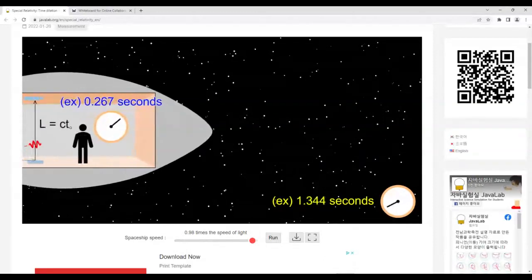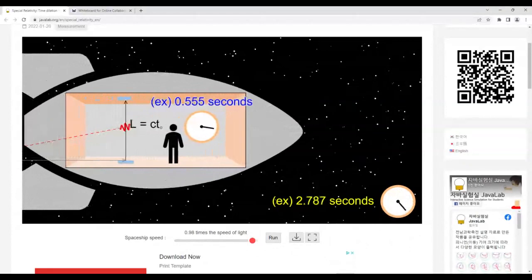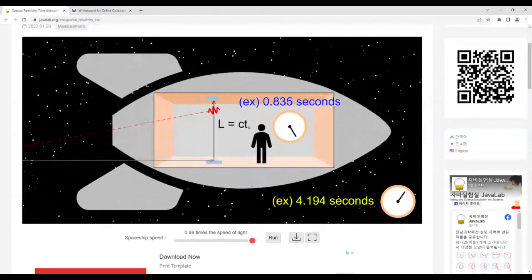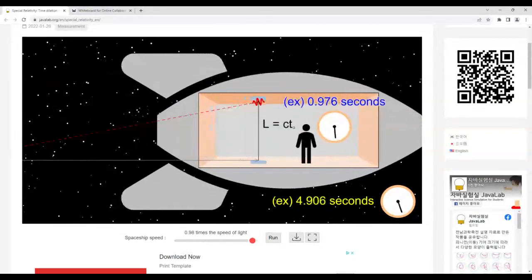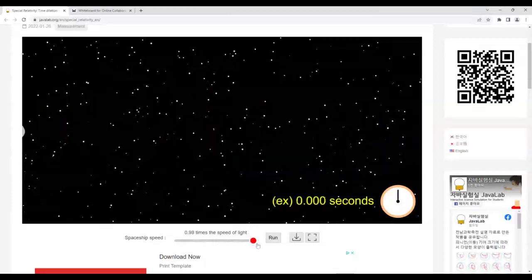So 97 to 98 may seem like a really tiny change, but you may notice where the rocket started on the simulation window compared to the other one. So we went from 4 to 5 just from moving one little notch. And then if I use my last notch, unfortunately that's as far as I can go.